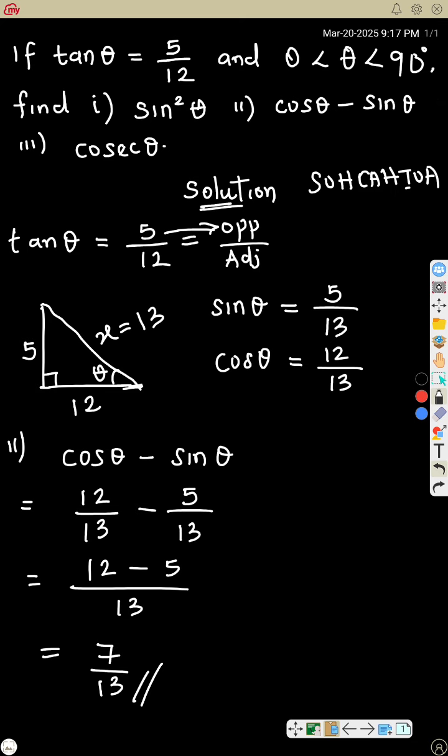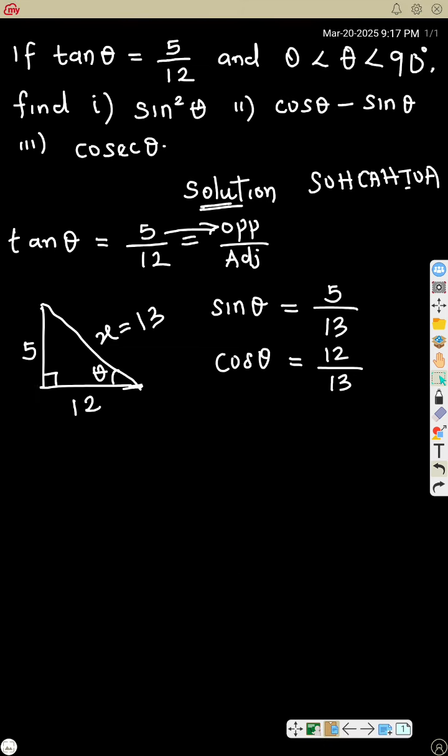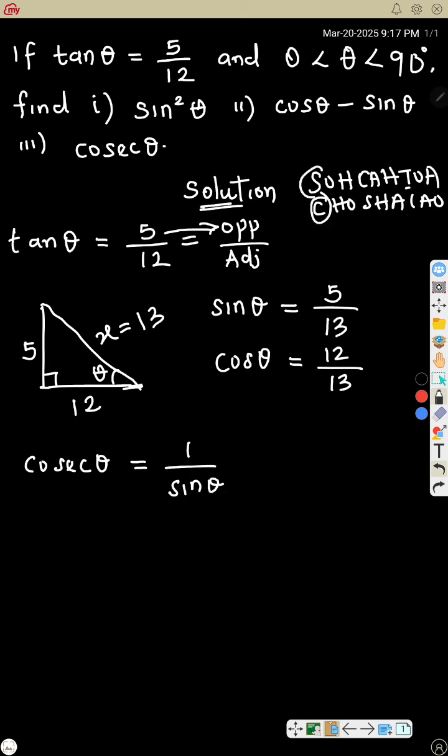So the third one is cosec theta. So what is cosec? Remember your Show Shall Cow. Let me write it under here. Cosec theta is 1 over sine theta, because cosec is the inverse of sine.